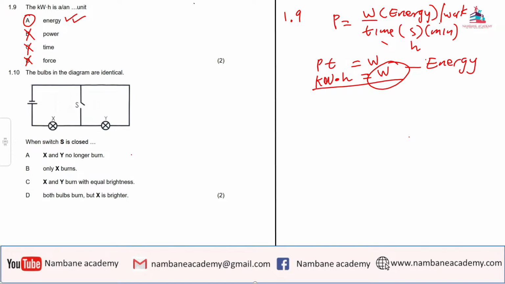Nicely explained. At 1.10, the bulbs in the diagram are identical. When switch S is closed, the current will flow. Current always chooses an easy way out.